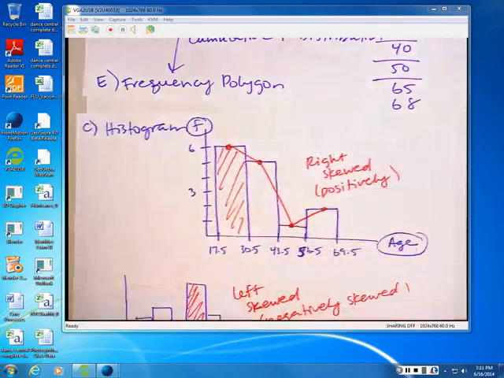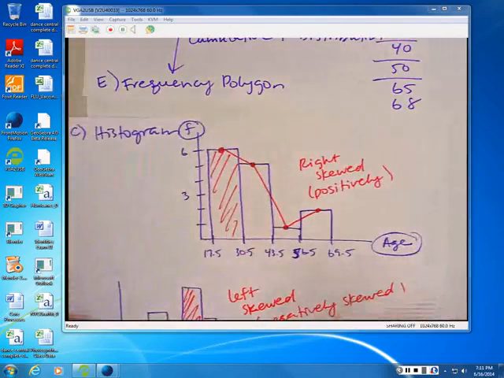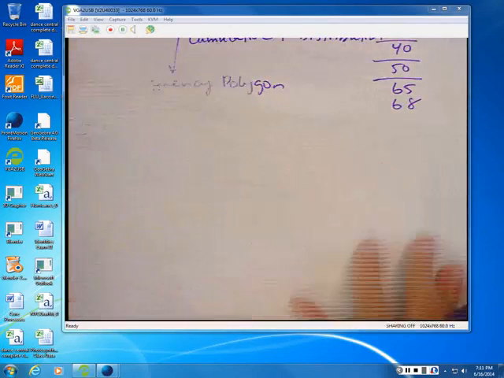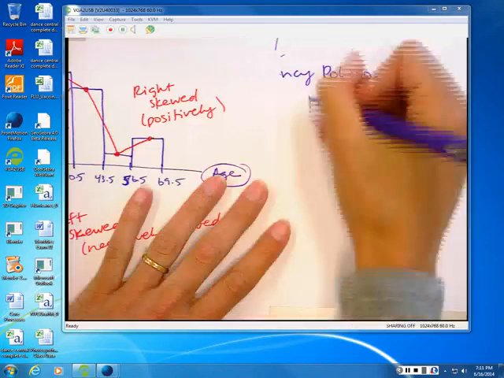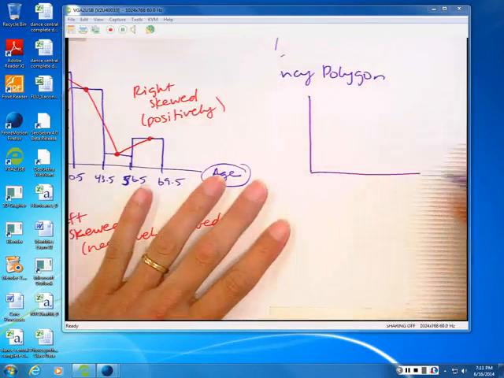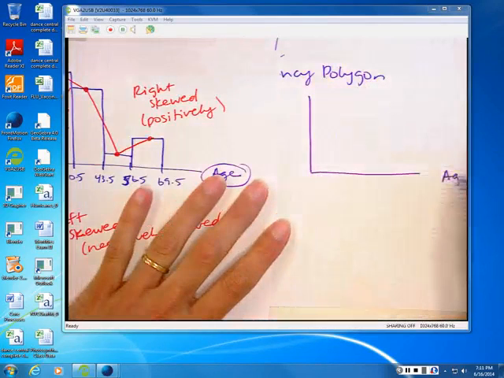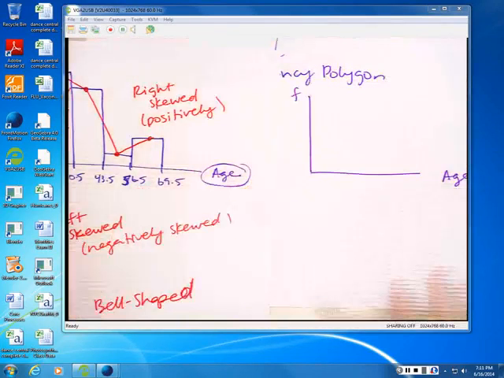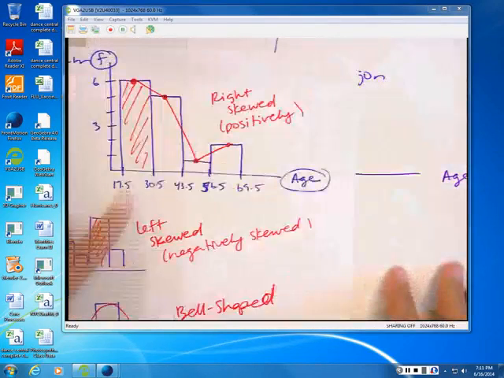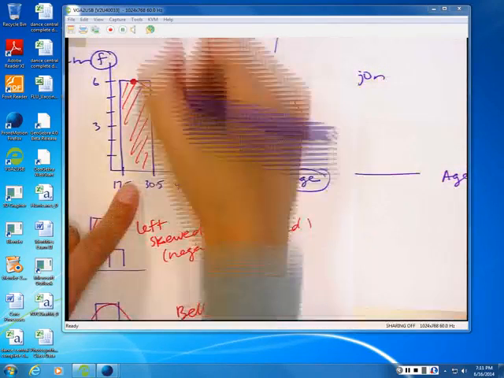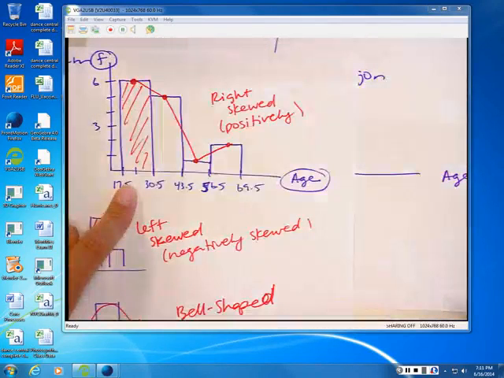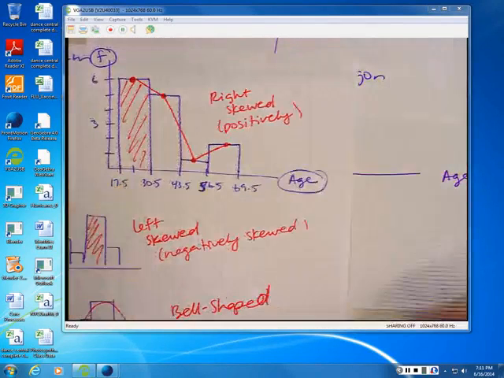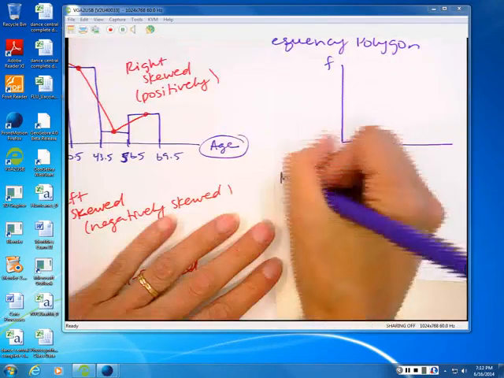So if I were to pick that up, though, and plot it on its own graph, so I have age here and frequency here. I need one more calculation, and what I need is the value that lives right here, which is my midpoint. So I need to figure out what those midpoints are.